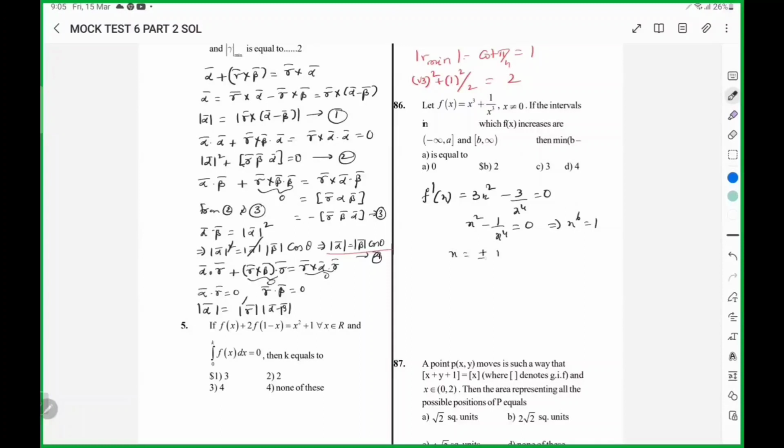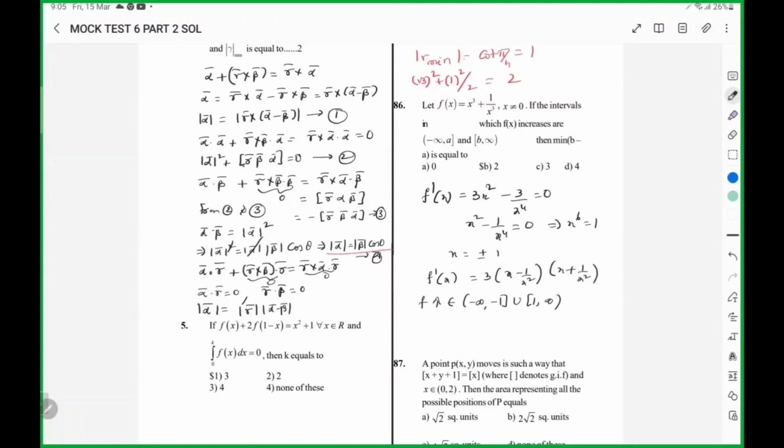We get x as plus or minus 1. So f dash x is 3 times x minus 1 by x square, x plus 1 by x square. F increases in the interval 1 to infinity union.